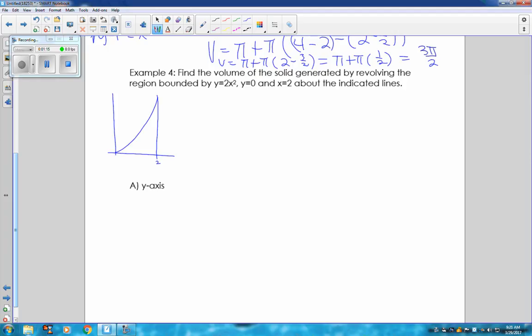And this is one of the boundaries. Okay, so there's your region. And we need to know that ordered pair. What's this ordered pair right here? That's the ordered pair 2, 8.